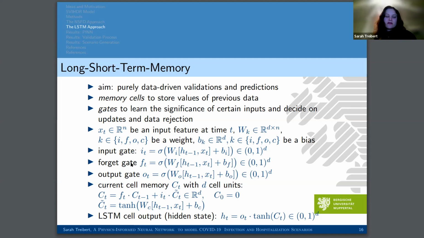It's a special kind of recurrent neural network, which is capable of learning long-term dependencies. And the main problem of conventional recurrent neural networks is the difficulty of learning to preserve information over multiple time steps.